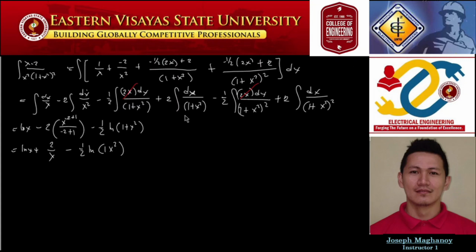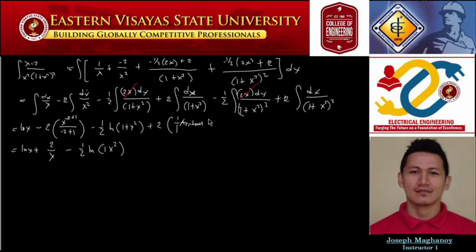So okay, here in our fourth term, we can use our inverse trigonometric function here. We have x squared, we have a squared. So 1 squared is still 1. So we can use that relation. So that is 2 times 1 over a. Our a is 1. Then arctan, then u.